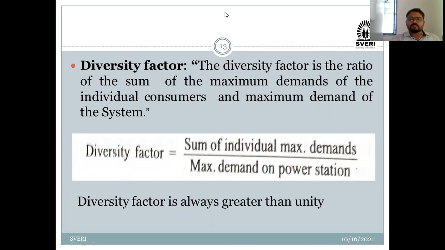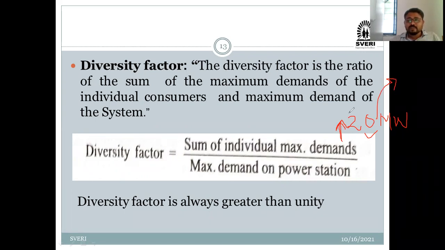I will justify. Suppose there is a power station, and that power station is designed to meet a maximum demand of 20 megawatt. If I am a consumer, my demand will not exceed the 20 megawatt. So I understood that the power station is designed for 20 megawatt, meaning my demand will not go above 20 megawatt.